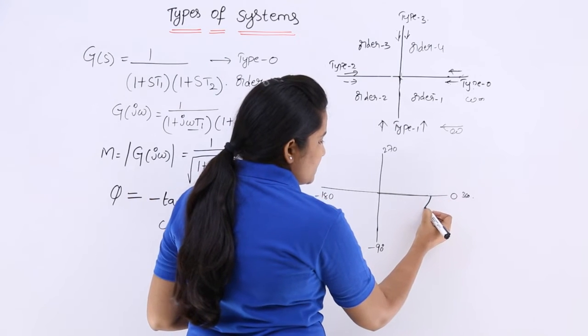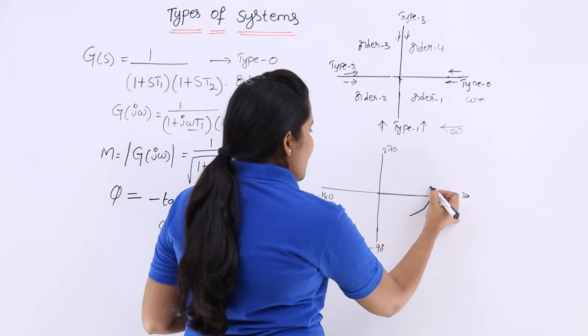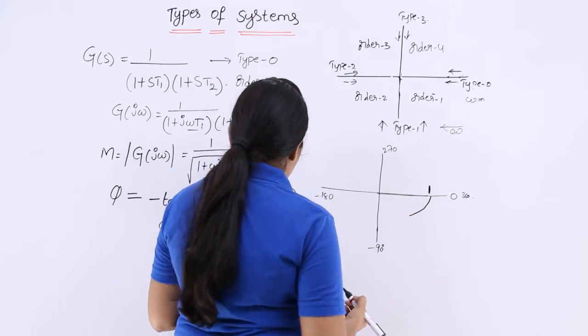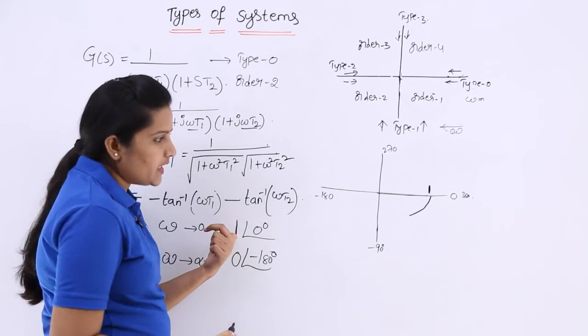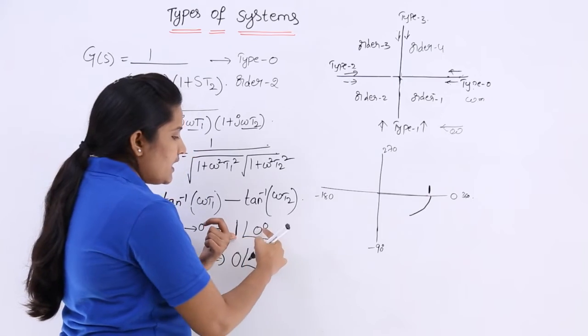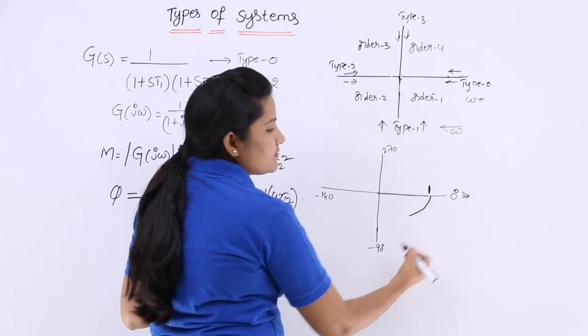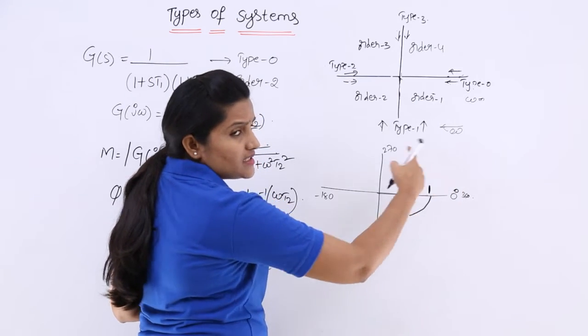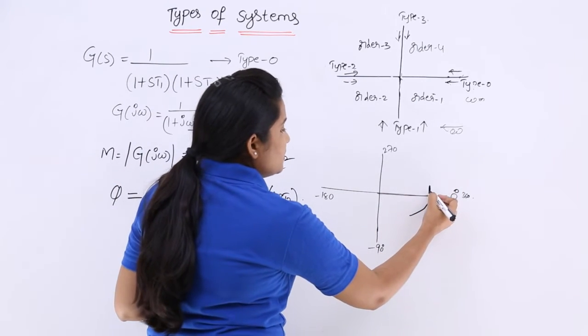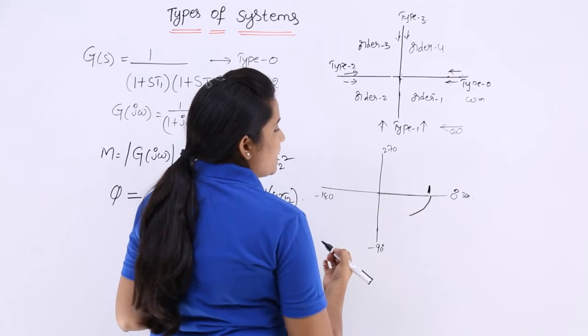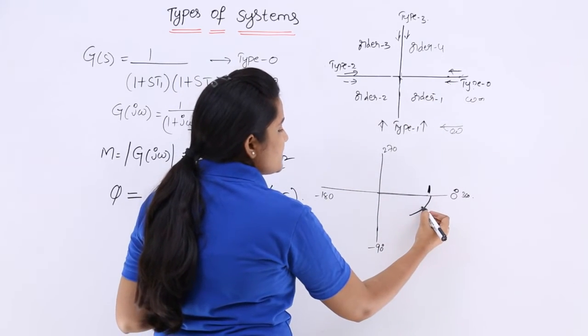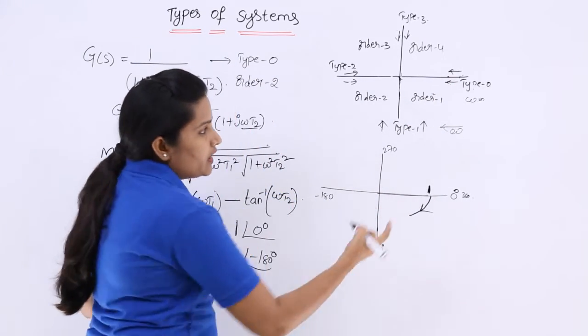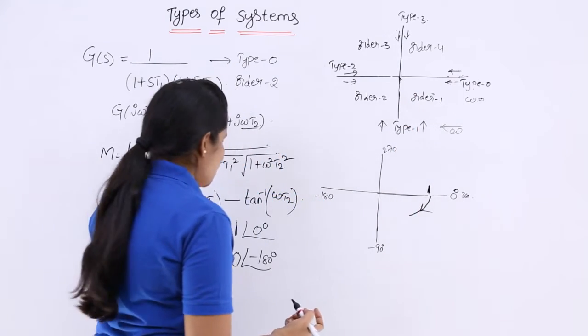The starting magnitude is equivalent to 1, and I am starting on the 0 degrees line. So the value is 1, it starts at 1, and the direction you need to consider is this direction.